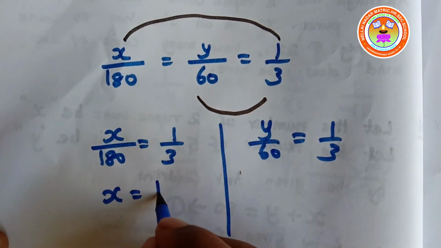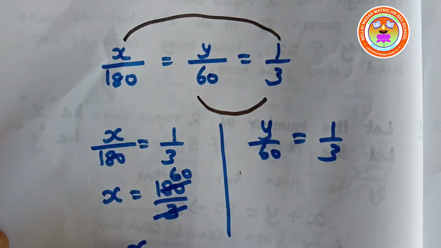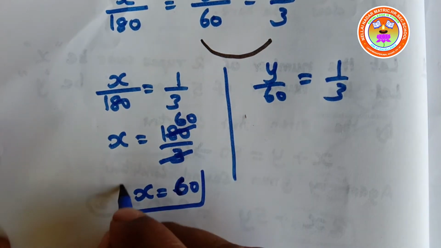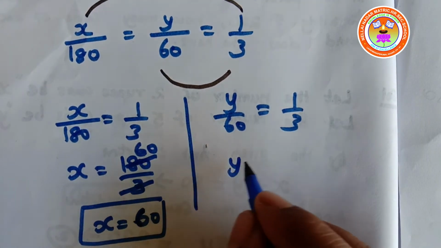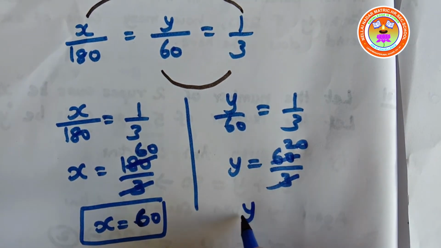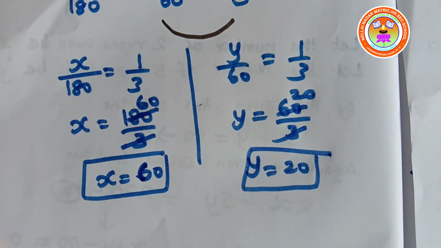So x equal to 180 divided by 3. 3 sixes are 18, so x is equal to 60. Okay, x equal to 60. y is equal to 60 divided by 3. 3 twenties are 60, so y is equal to 20. It's clear, children?